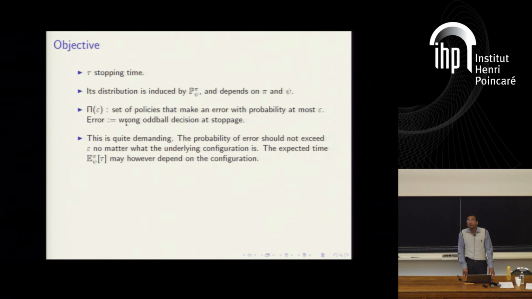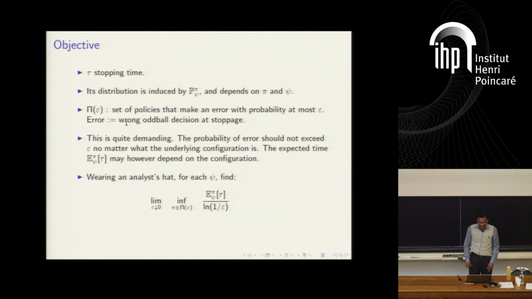The expected time may of course depend on what the configuration is. So for example, if the two images elicit a response R1 and R2, where R1 is very close to R2, then chances are you have to wait for a very long time before you're certain. So the expected time can depend on R1 and R2.